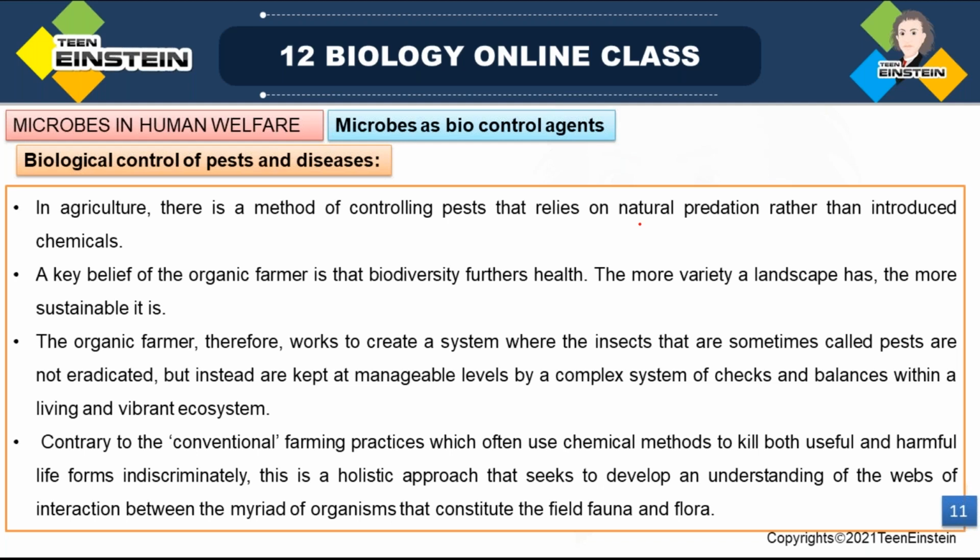So instead of introducing these chemicals, in the biological control method, they are using natural predation. Okay, so instead of chemicals, they are using natural predation.